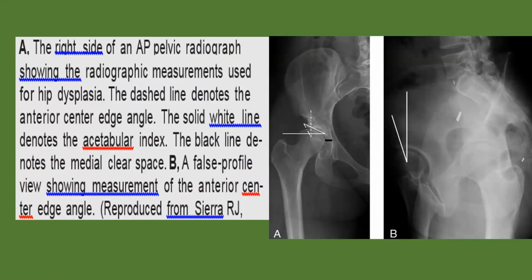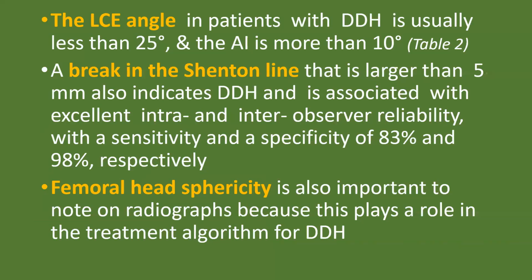Now, these views, you should know them. I've already told you about them. The CE angle on the lateral view in patients with DDH is usually less than 25 degrees, and the acetabular index is more than 10 degrees. Keep this in mind.